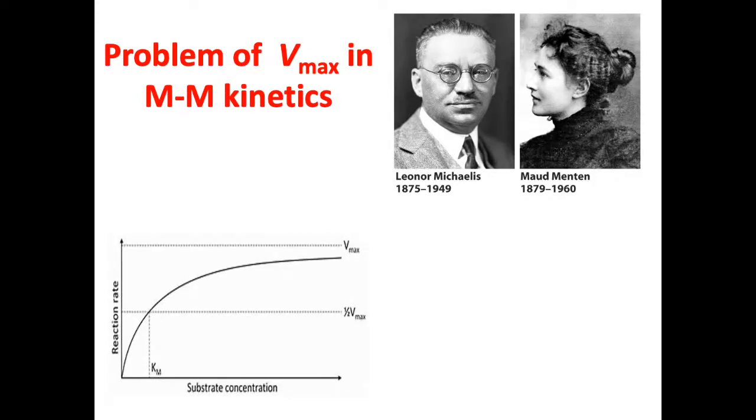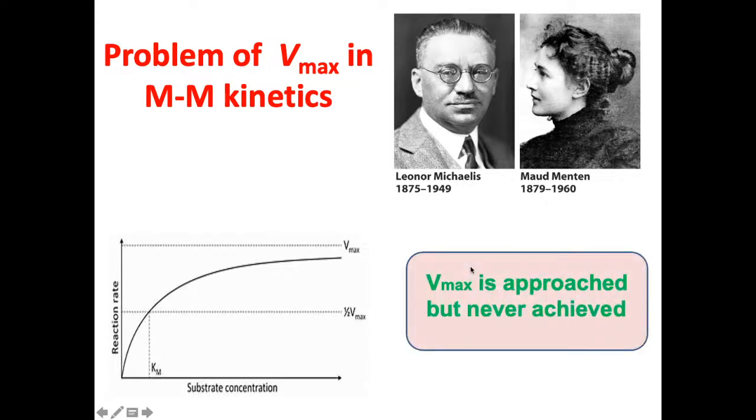Michaelis and Menten discovered these equations together. With reaction rate on the y-axis and substrate concentration on the x-axis, Km on the bottom, Vmax like this. Vmax is approached but never achieved. That's one thing with this kinetics. It never achieves the Vmax.